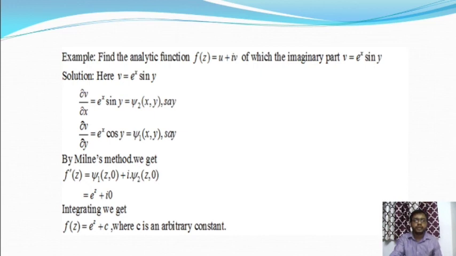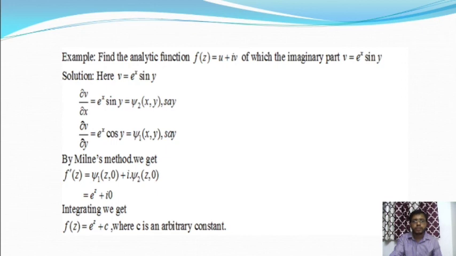So here, the partial differentiation of the function v with respect to x is when y is constant. So del v del x is equal to the derivative with respect to x of e to the power x, which is e to the power x, and sin y is constant, and it will give phi 2 of x comma y, say.